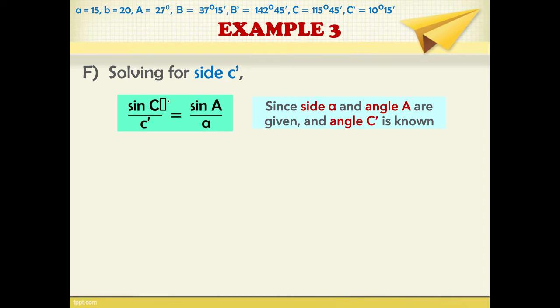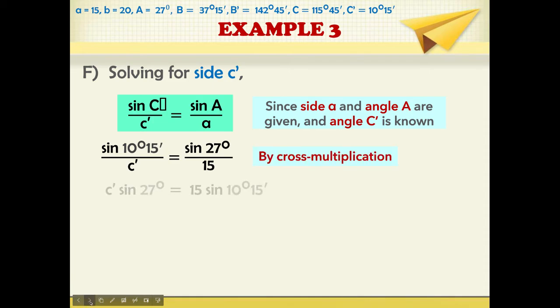This is sine C prime over C prime equals sine A over A. By substitution, we will have sine 10 degrees 15 minutes over C prime equals sine 27 degrees over 15. By cross multiplication, we will get C prime sine 27 degrees equals 15 sine 10 degrees 15 minutes.